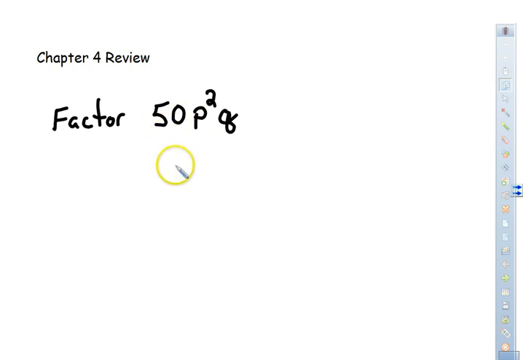Alright, now what they want you to do is not just factor, and I know it's kind of vague, but we talked about this in class as well, they want you to give me the prime factors of it. So you can start out with 5 times 10, 5 is prime, and then 5 times 2, and those are both prime.